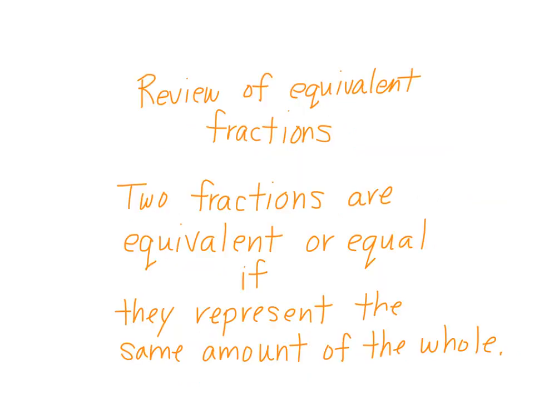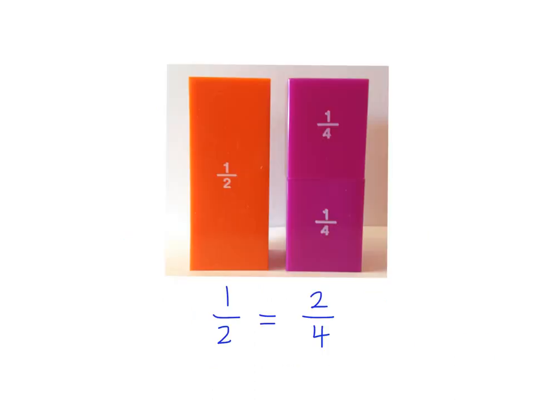Let's start by doing a quick review of equivalent fractions. Two fractions are equivalent or equal if they represent the same amount of the whole. So they're taking up the same amount of space of the whole.